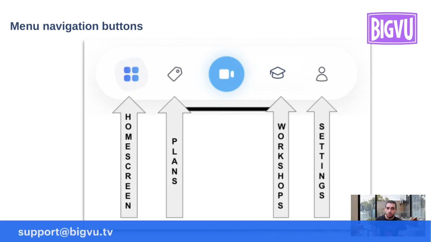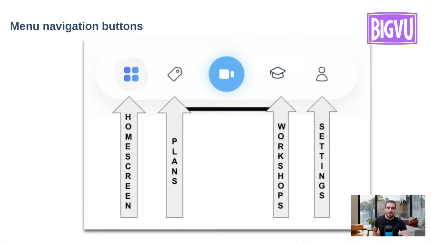So please get in touch with our support at bigvu.tv. We'll investigate what is happening. And today I'm going to show you how to do this from the app. Okay, great. Okay, you also have an audio sync issue. So, okay, please get in touch with our support. We're going to investigate what is causing this.